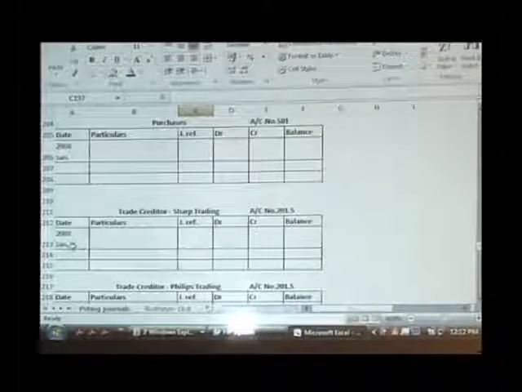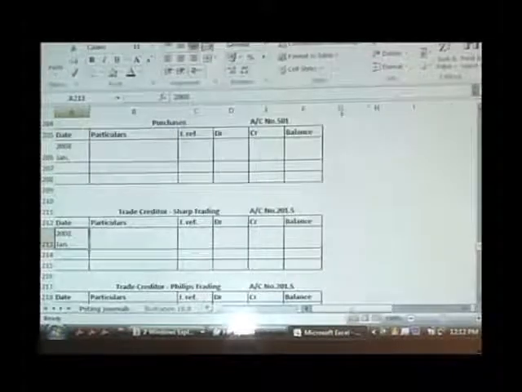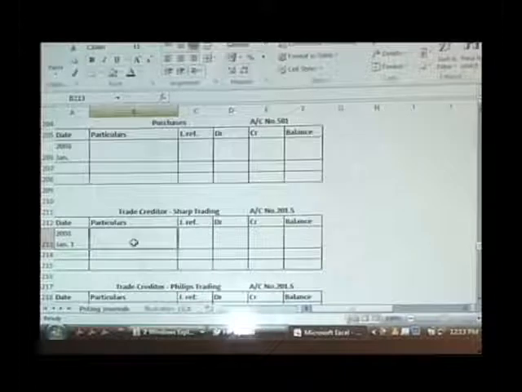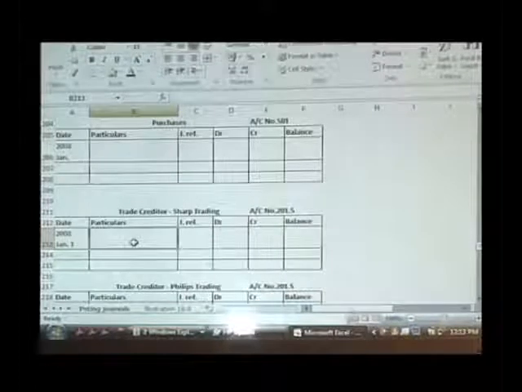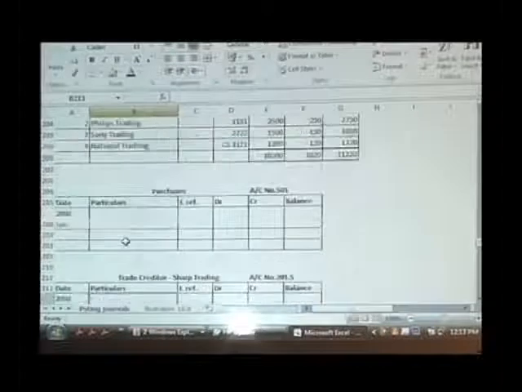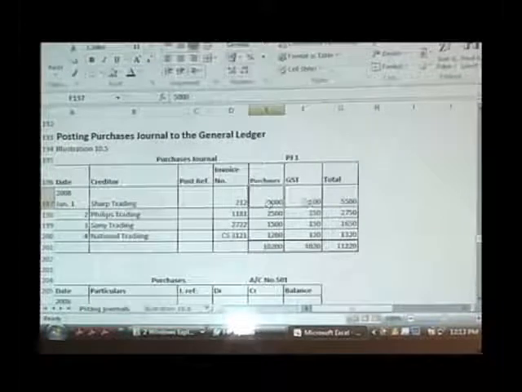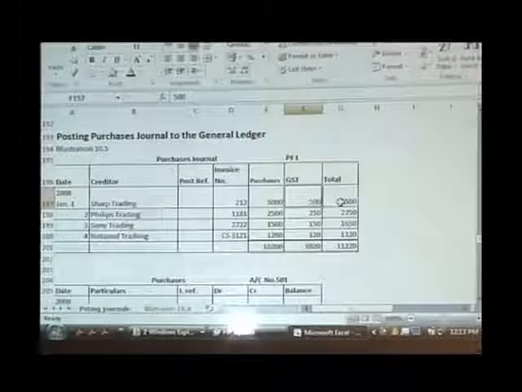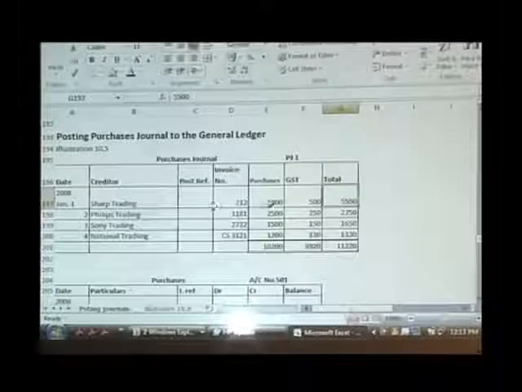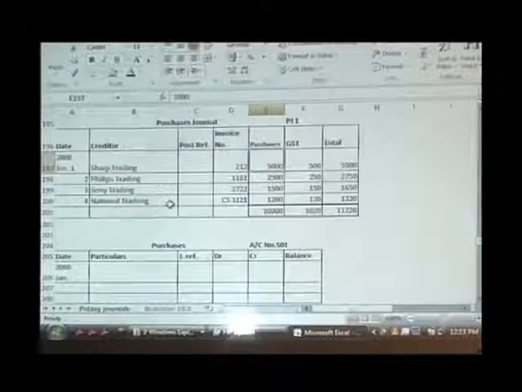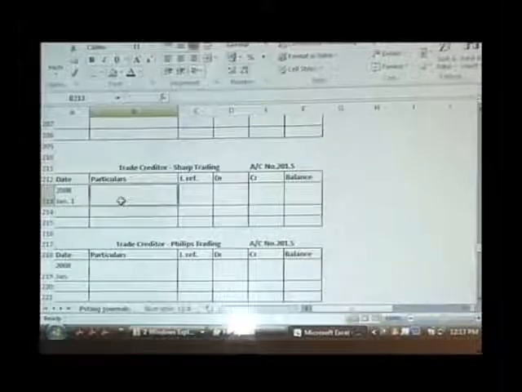Sharp trading here, the date 1st January, put the date. Sharp trading, then again we can combine the GST column and the purchases column. That means 5,000 plus 500, altogether 5,500. We can post the total amount here rather than posting two items.